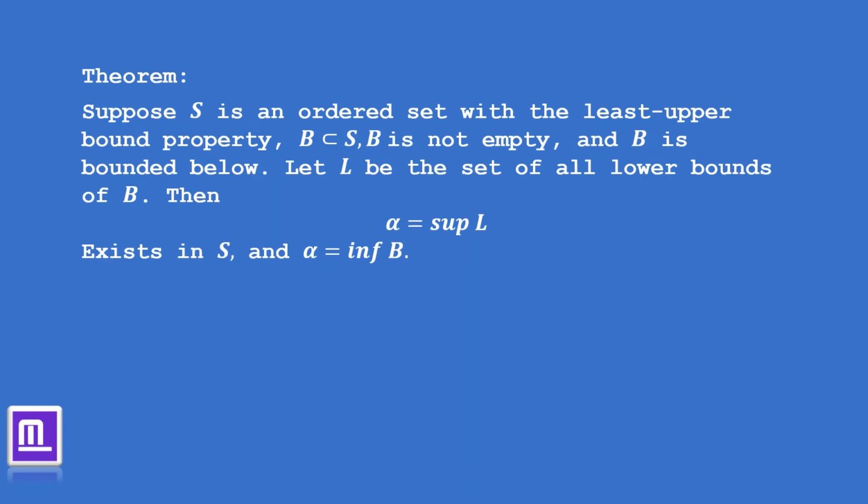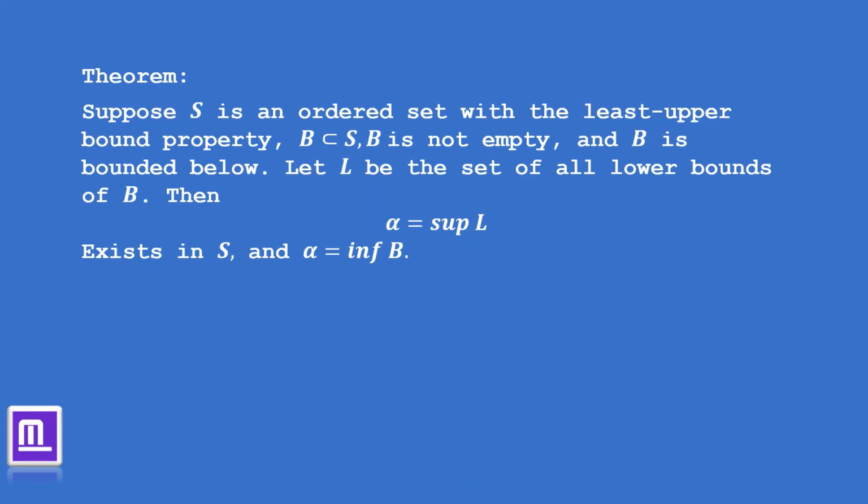And alpha, that supremum of L, is the infimum of B. This is the same thing we found in the set of rational numbers whose square is greater than 2, and the set of rational numbers whose square is less than 2. There one's supremum is the other's infimum.